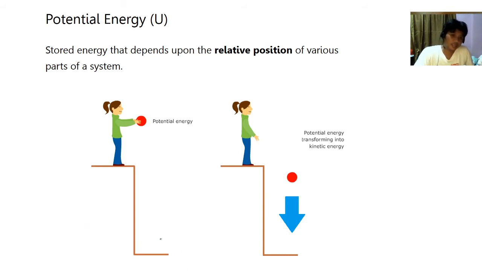But the picture on the left, the ball is a little bit farther from the Earth than this ball on the right. So we give the left picture a bigger potential energy than the one on the right. The important thing is they have different potential energies because the relative positions of the parts are different.